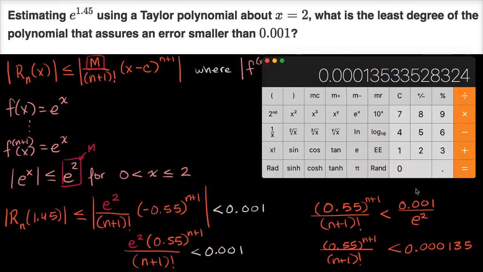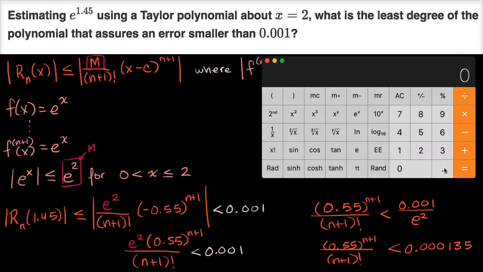All right, so let's do it. Let's see what this is equal to when, I don't know, when n is equal to 2. I could start at n equals 1, n equals 2, n equals 3. But if n equals 2 is good enough, then I might try n equals 1. But if n equals 2 isn't good enough, then I'm going to go to n equals 3 or n equals 4. So let's just start with n equals 3. So if n equals 3, it's going to be 0.55 to the 4th power divided by 4 factorial.